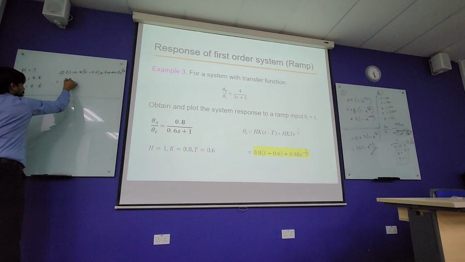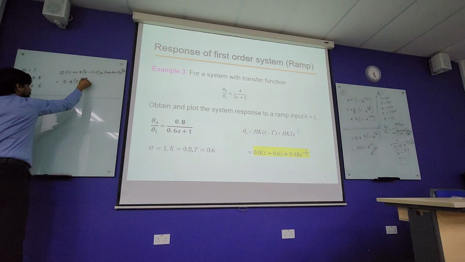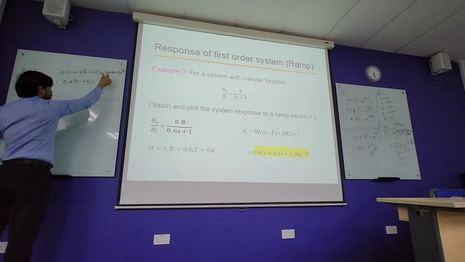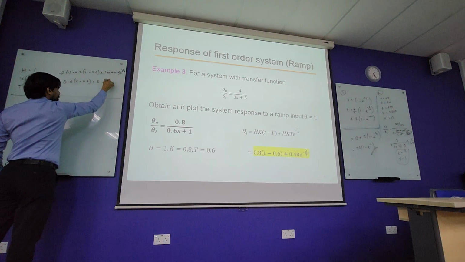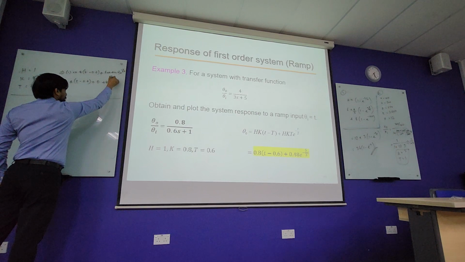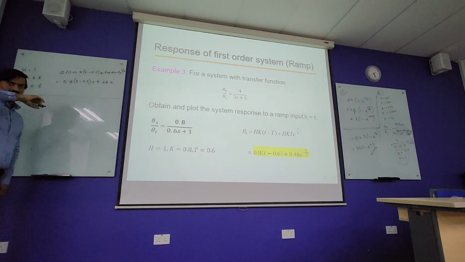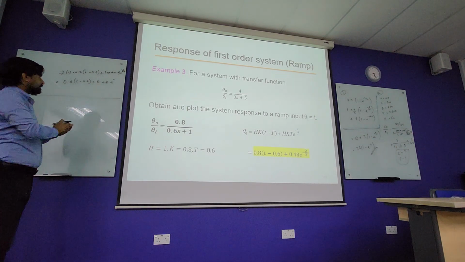Simple to write: 0.8(t minus 0.6) plus 0.48 exponential of minus t times 1 divided by 0.6.